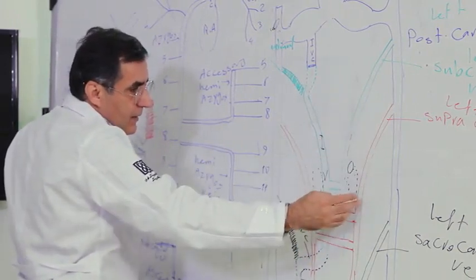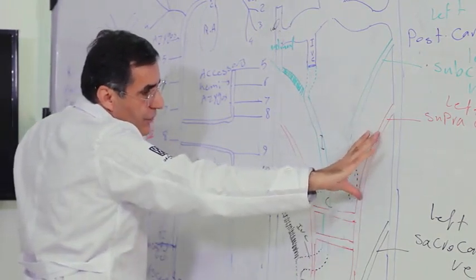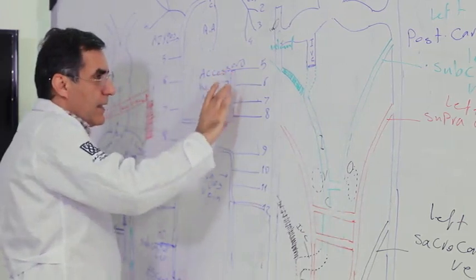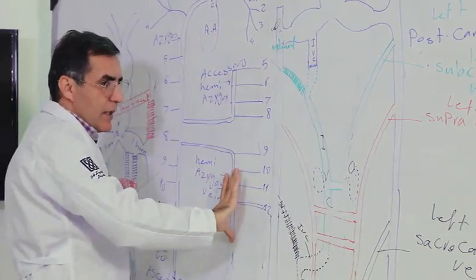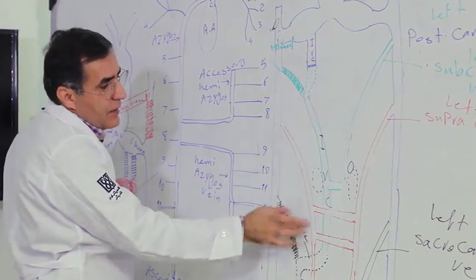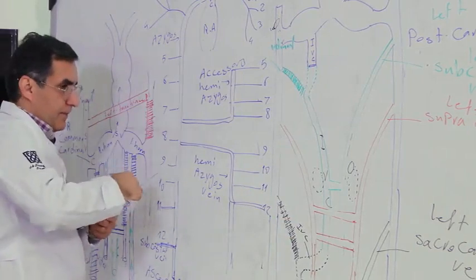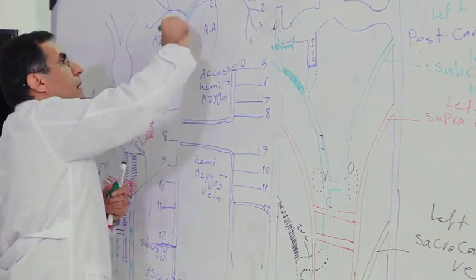This one is interrupted here, and it means that the left supracardinal vein makes the accessory hemiazygos and hemiazygos, and the right supracardinal vein makes the azygos, except for these parts, the arch of the azygos.